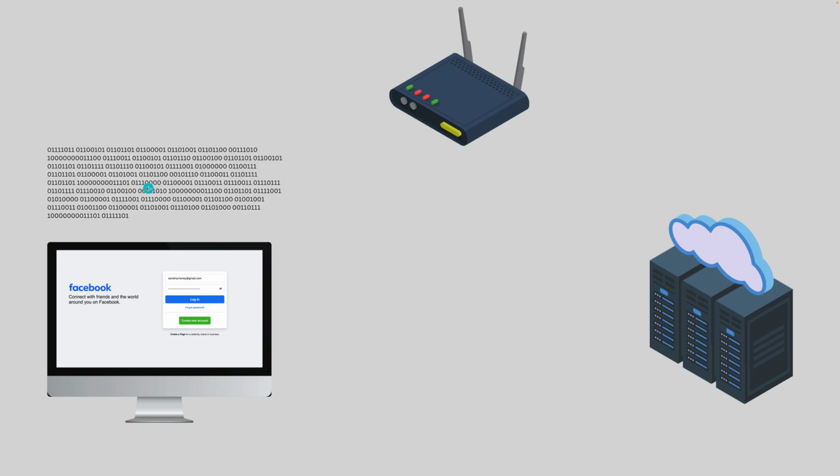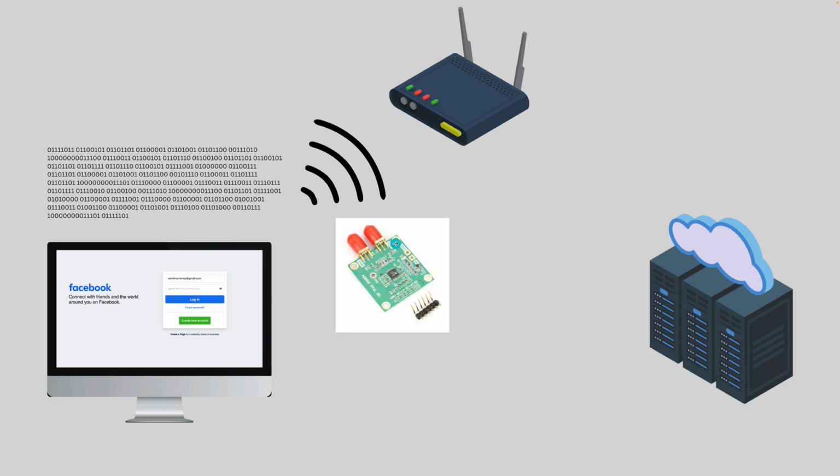And then it converts it to binary, and then it sends it to our router through some sort of wireless means. Now, if I was there snooping around trying to get this binary data, I can actually get it relatively easily using this machine over here.